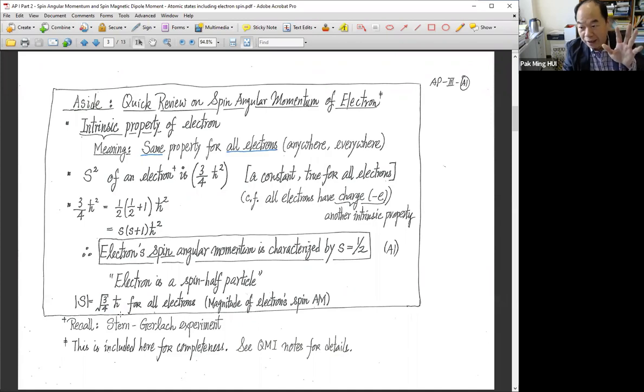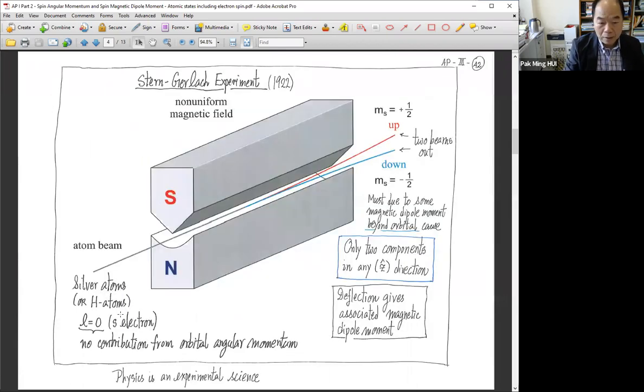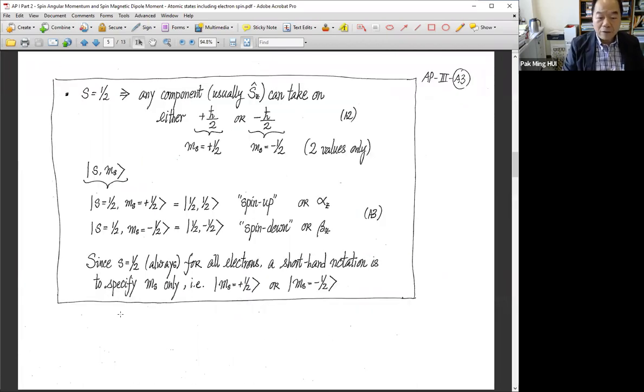It's not varying, and that emphasizes the point that it is an intrinsic property. And therefore, from experiment, we see that this spin can only take on one boring value. The quantum number is always half. Okay, I must emphasize that it is always intrinsic.